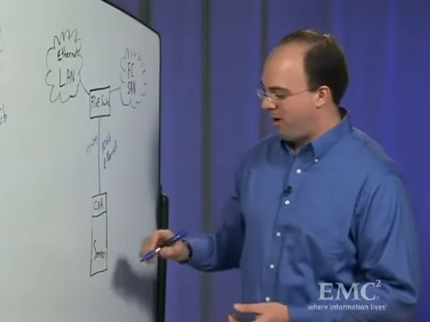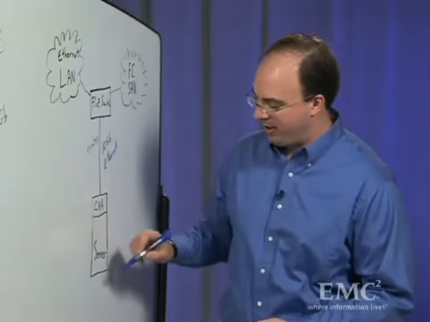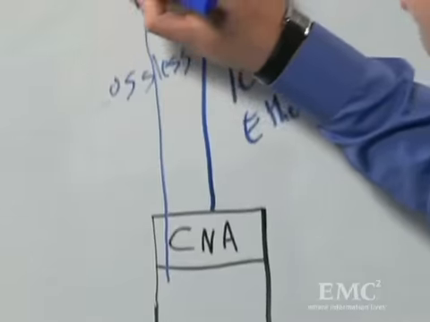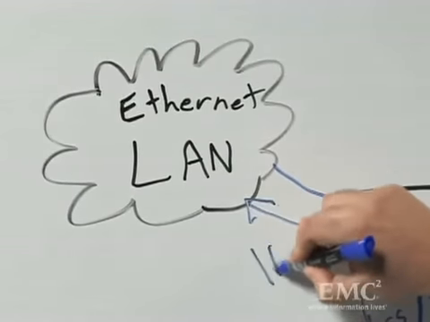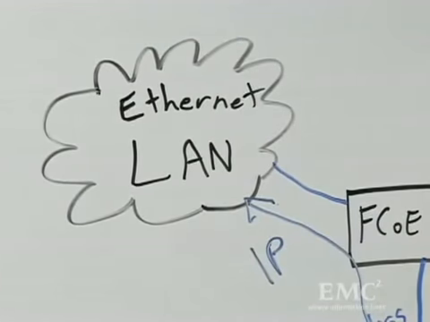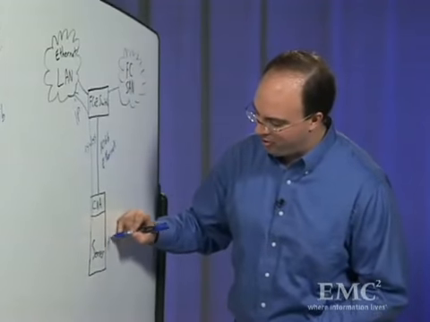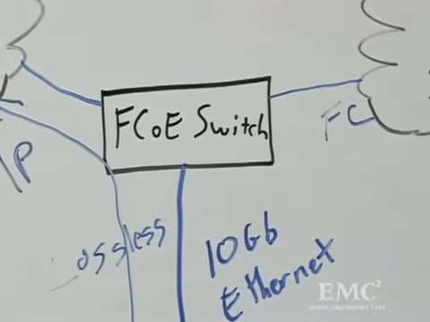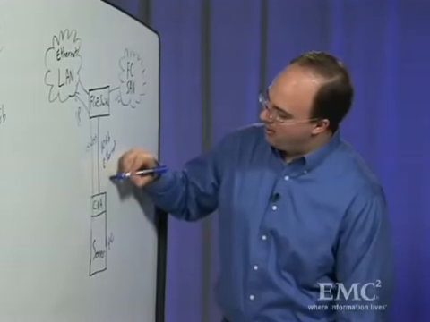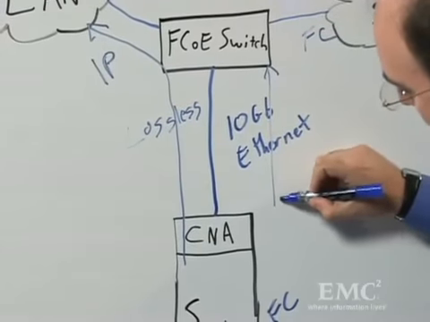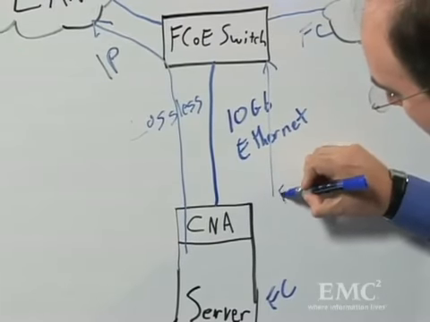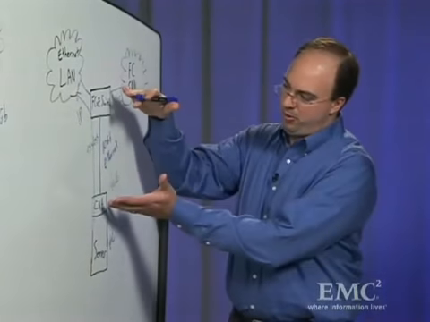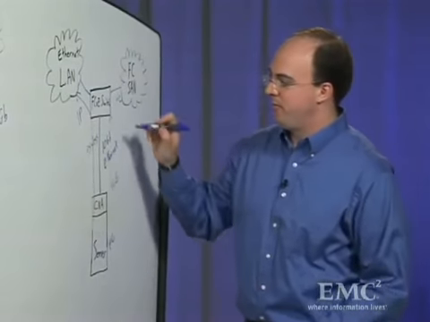in this environment. My standard IP traffic travels just as it did before, from the server through the adapter, up through the switch, into the LAN, and it's really unchanged. For storage, we're actually going to start out as Fibre Channel and end up as Fibre Channel packets, but in between the CNA and the FCoE switch, we're going to encapsulate Fibre Channel into Ethernet packets for this specific piece of the infrastructure.